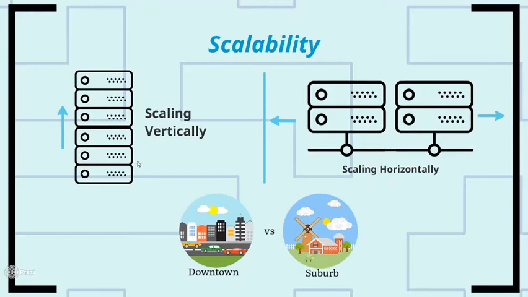This is what we call horizontal scaling and vertical scaling. The formal definition would be that horizontal scaling is where you employ more of similar resources linearly, whereas vertical scaling is where you add or replace resources with bigger capacity.